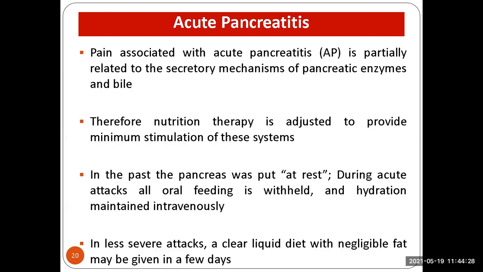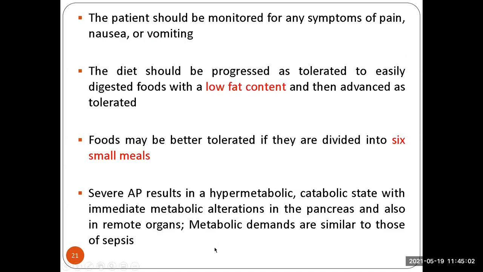So the goal is to reduce the production of these enzymes by removing or minimizing the stimulating factors. In the past, the pancreas was put at rest. During acute attacks, all oral feeding is withheld and hydration is maintained intravenously. In less severe attacks, a clear liquid diet with negligible fat may be given in a few days.